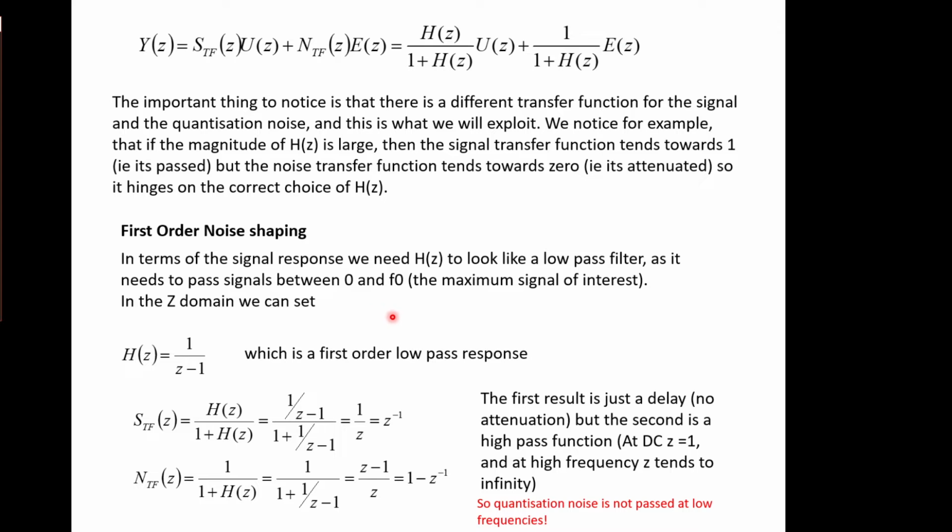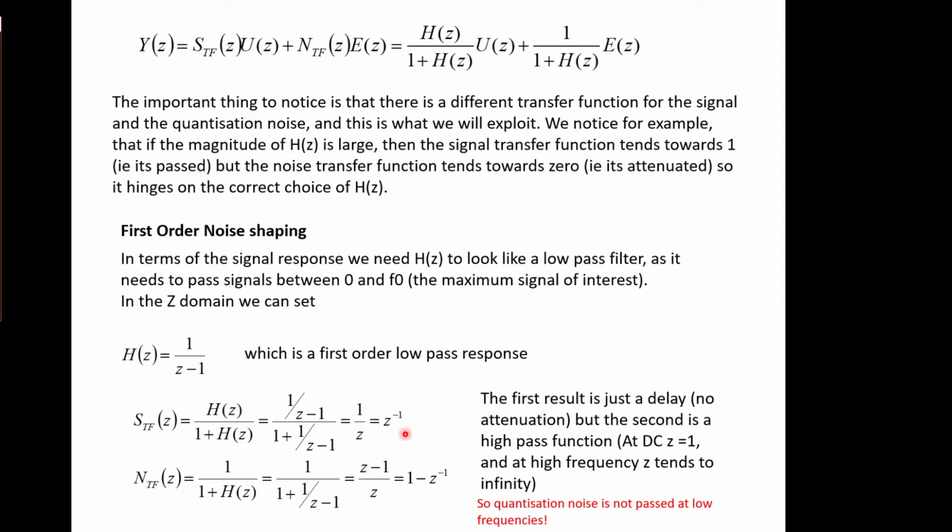We looked at this and said we got a first order low pass response, and you had to take my word for it that 1 over Z to the minus 1, Z to the minus 1 being a delay function, the Z transform, is a low pass response. Then if we put H of Z with this response into our transfer function for the forward loop, and do some algebra on the Z's, we end up with the equivalent of Z to the minus 1.